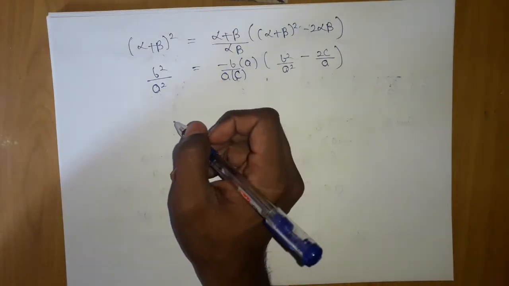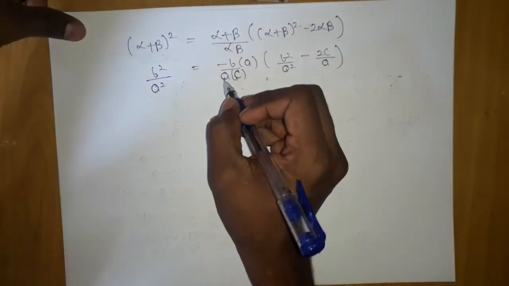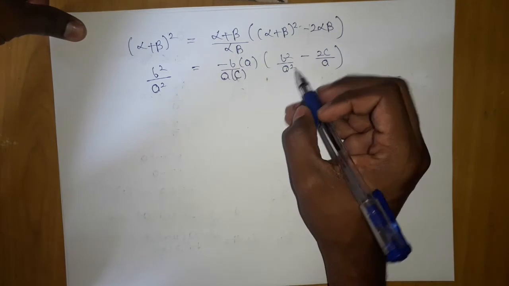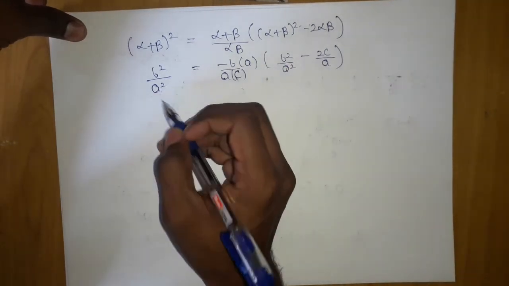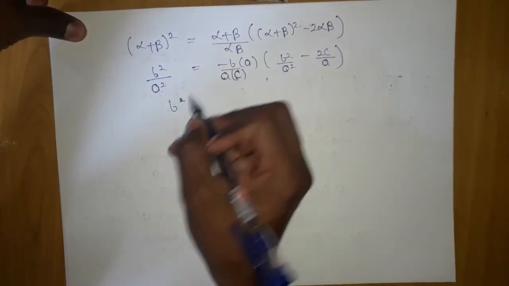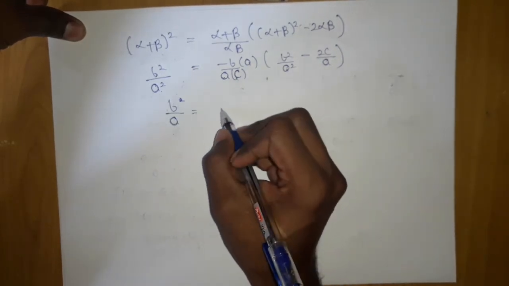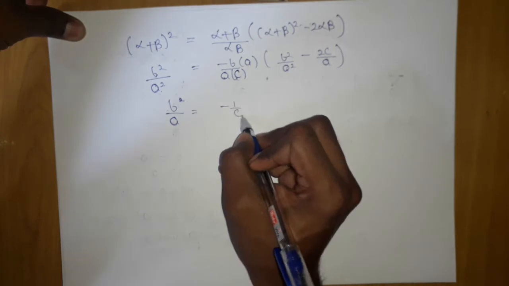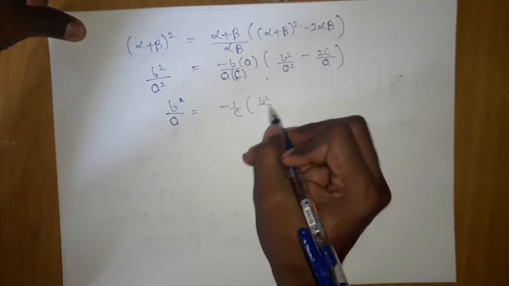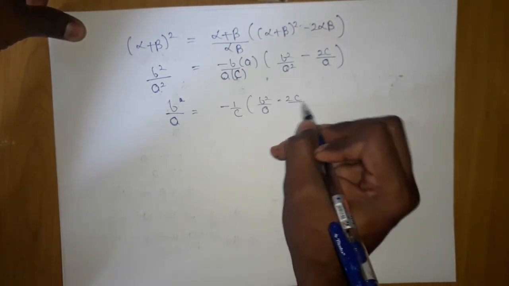Further on, a will cancel out. One more a, we nullify this, so we get b square, and 1 b will cancel out with this. So b by a should be equal to minus 1 by c into (b square upon a minus 2c) upon 2c.